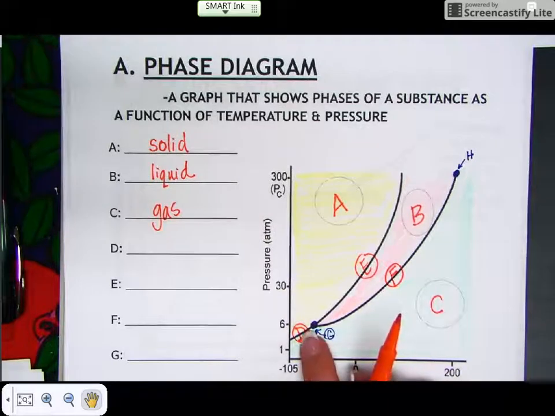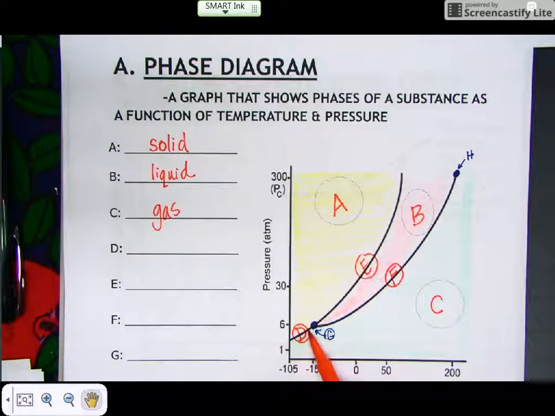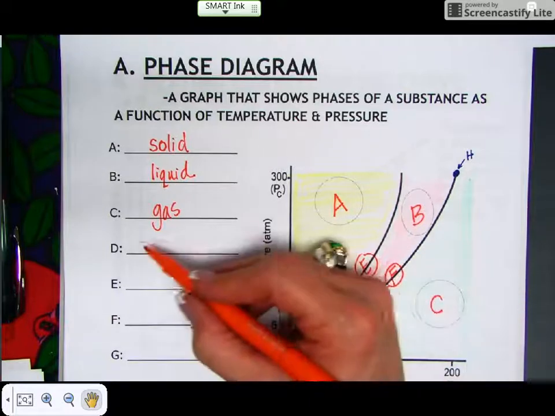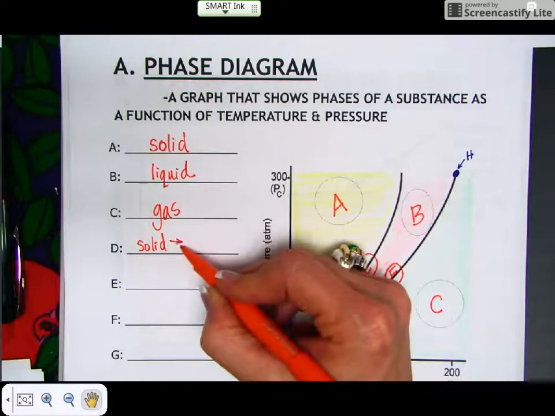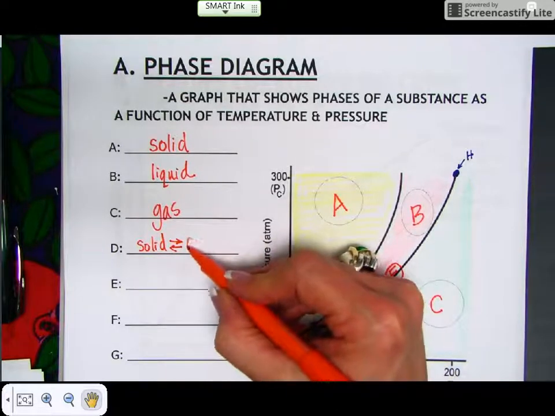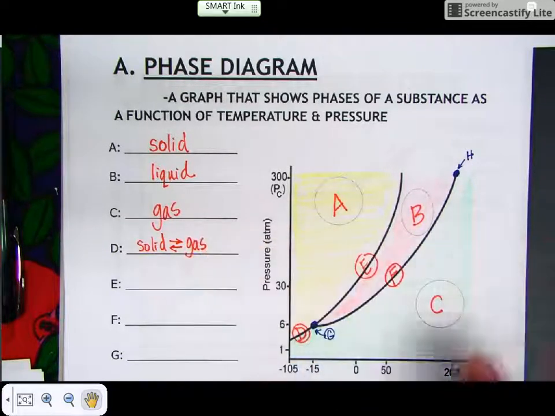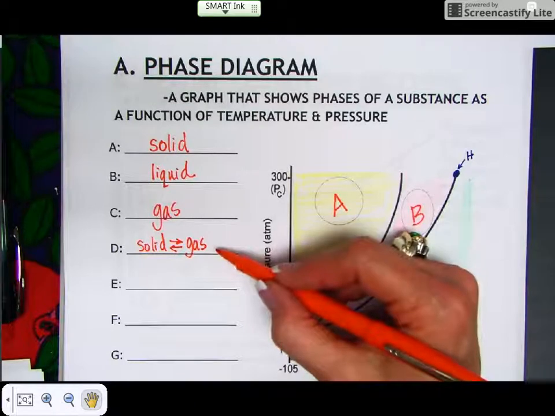Now, let's talk about the points along the lines here that I've labeled. So D, any temperature and pressure that would fall on the line here, notice it's between the solid and the vapor state. So that means you will have a solid in equilibrium with a vapor or a gas. So this is where your phase change will be taking place.